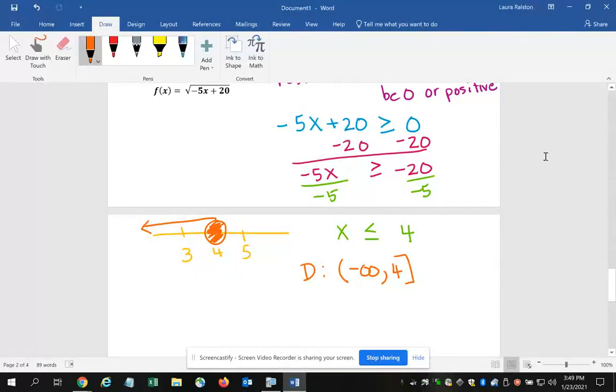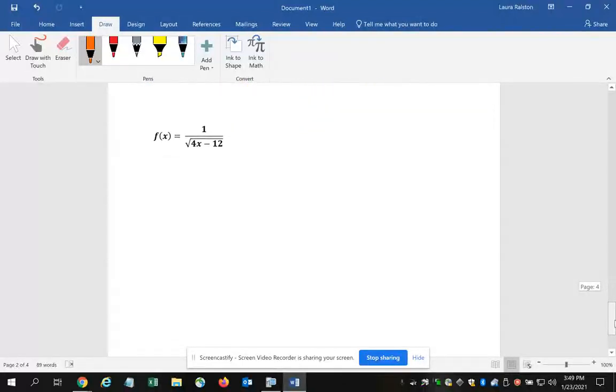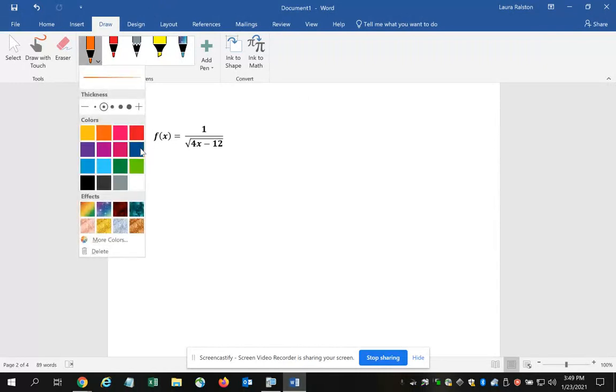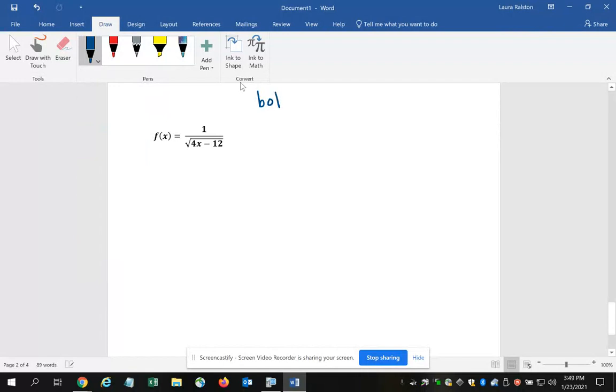Now sometimes they can get real interesting because you can have an example similar to this last one where you have both a rational function, so you have a fraction, and you have a radical in that fraction. So in this case, you have to deal with both restrictions.